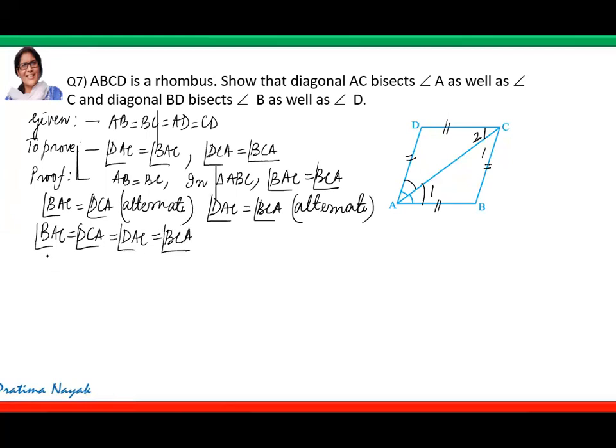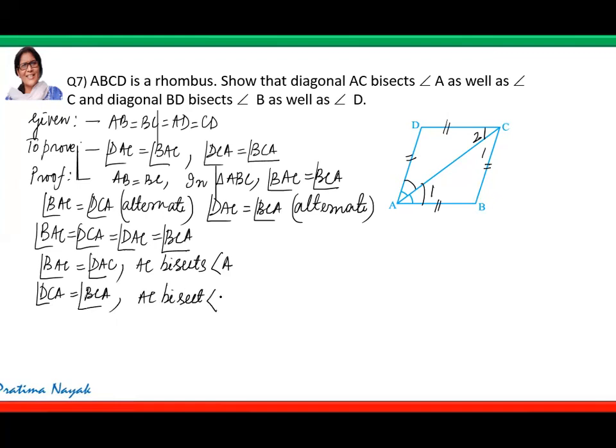So from this I can write angle BAC is the same as DAC. So AC bisects angle A. Similarly, DCA is equal to BCA. So AC bisects angle C.